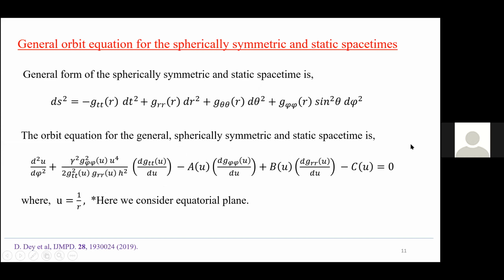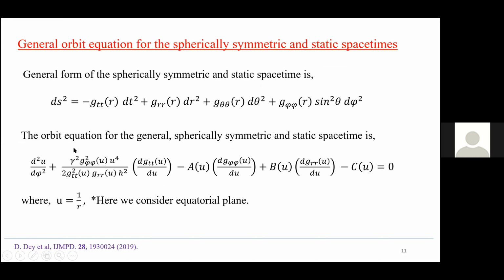Now, from the general spherically symmetric and static space-time, one can derive the orbit equation using the timelike geodesic and the conservation laws of energy and angular momentum.